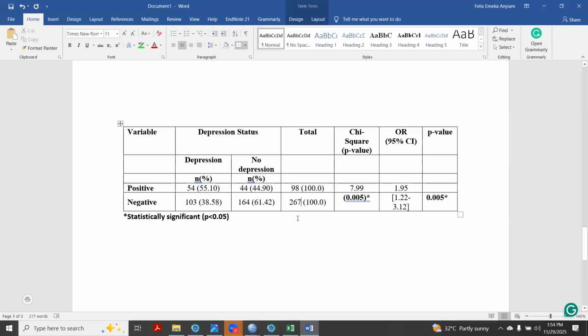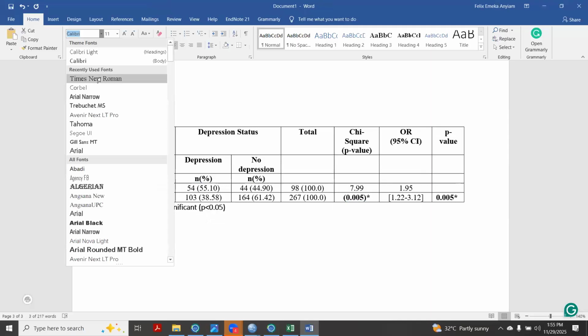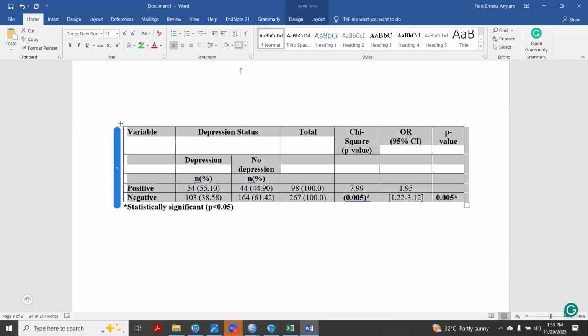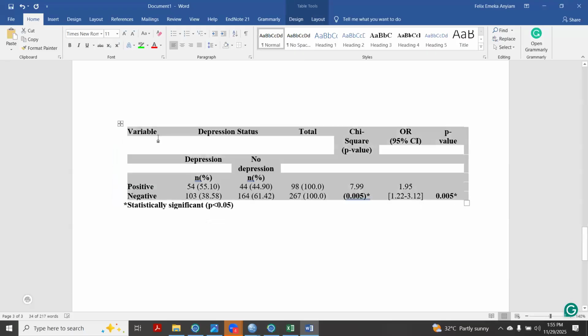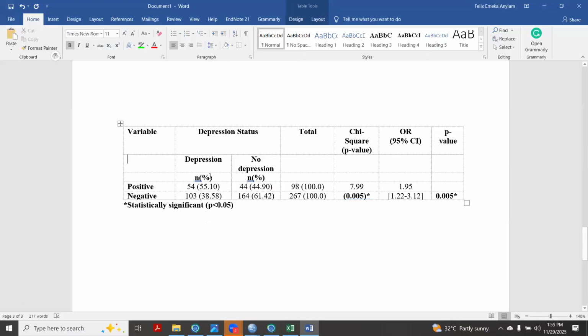All right. So if we're interpreting this, this is much clearer now, but let me make the table finer, like I showed you the other time. So first of all, this is Times New Roman. So take out all the border first. Take out all the border. No border, fine. I need the grid line so that I can see what I'm doing. Good.